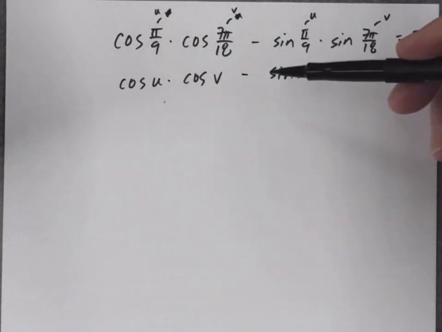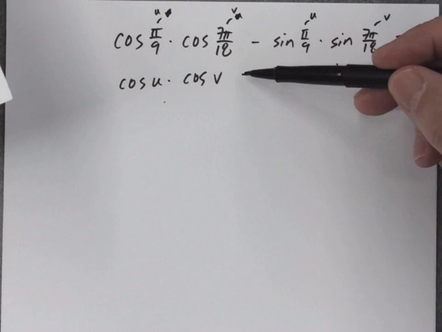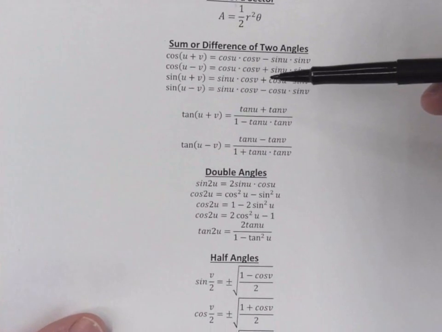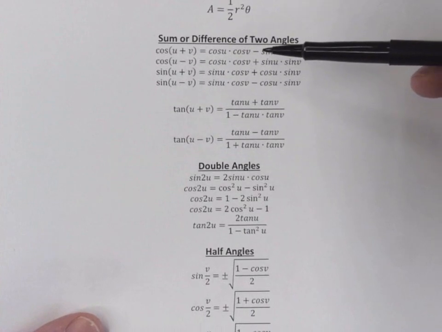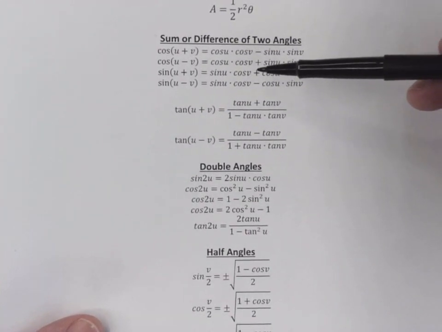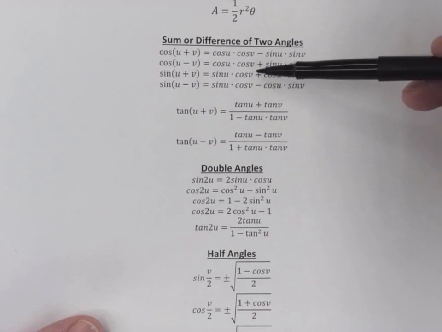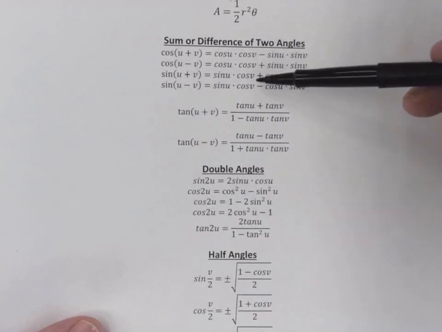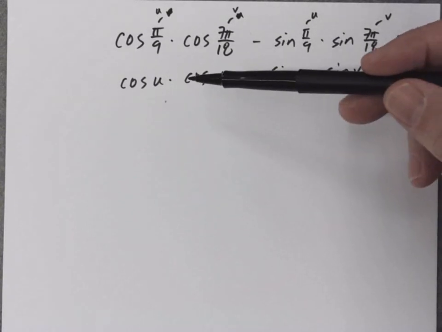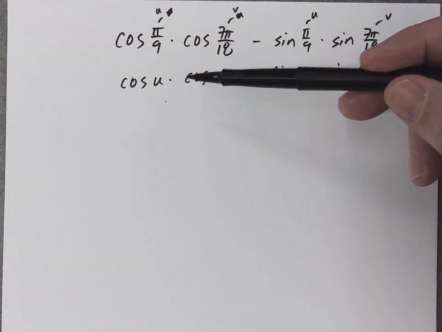So let's look at this first thing. I've got to subtract in the middle. If I look at these first four, two of them are subtraction and two are plus. So it's not going to be the plus ones, it's going to be one of the subtraction ones. I'm sort of using the formula backwards.